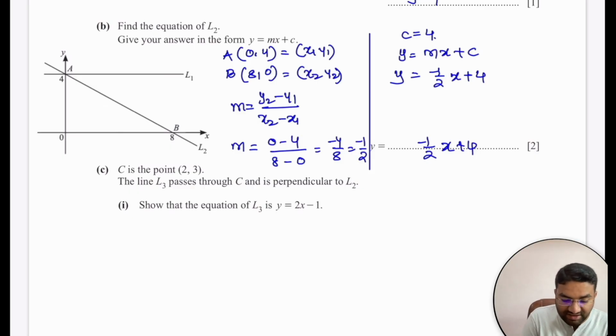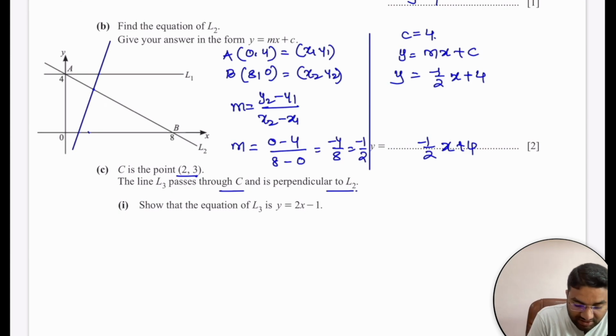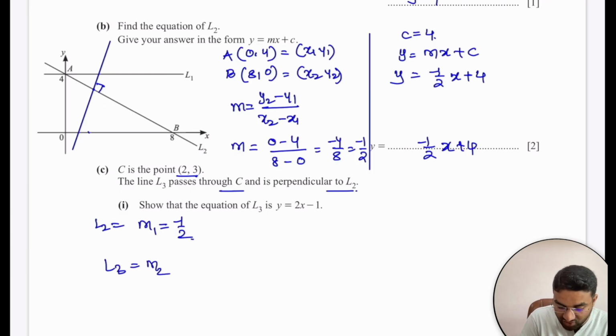Then next, C is the point (2,3). Then L3 passes through the point C and is perpendicular to L2. Means this is perpendicular to L2 like this. So we will assume that the gradient of L2 is m1, which is negative 1 upon 2, and the gradient of L3 is m2.